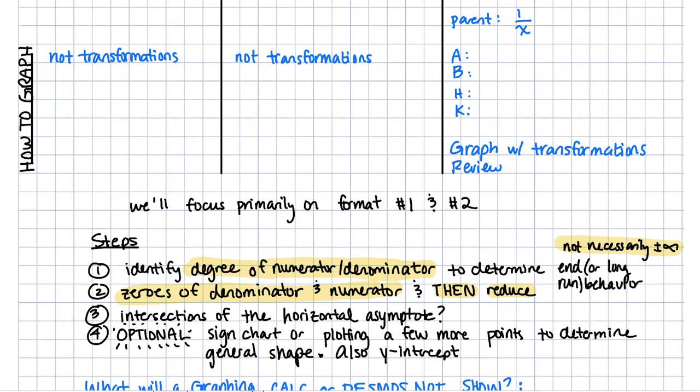Next, we're going to figure out if this happens to have what we call a horizontal asymptote, and we're going to find any intersection points of that horizontal asymptote. Then the fourth step, which is not always necessary but will sometimes be helpful, is that you can either use a sign chart or plot a few more points manually by building a t-chart to determine the general shape.